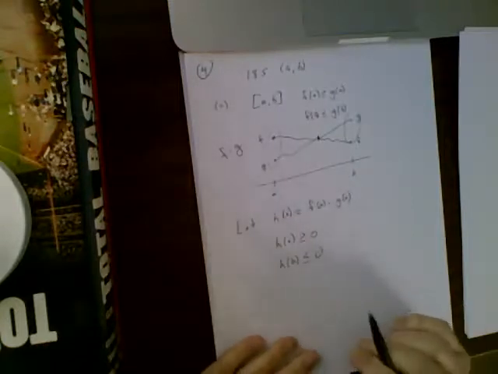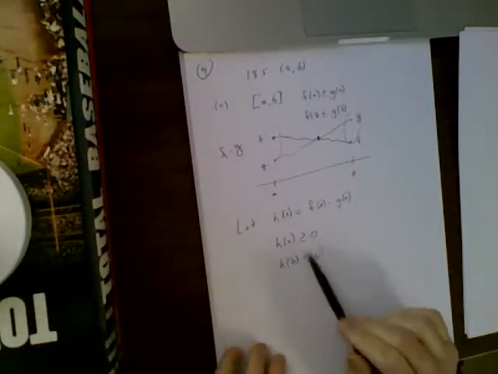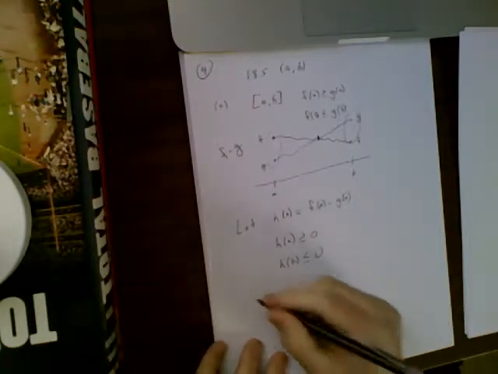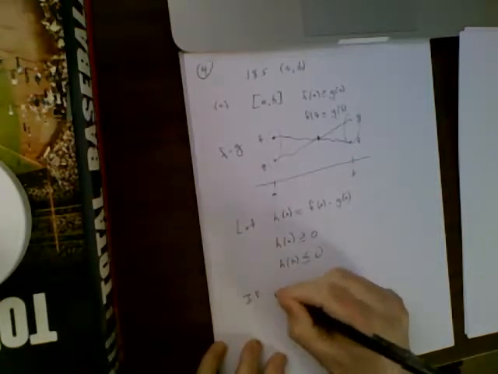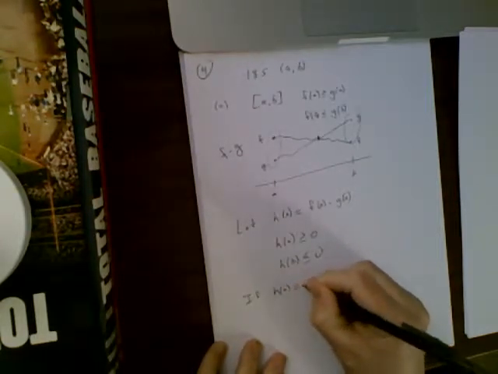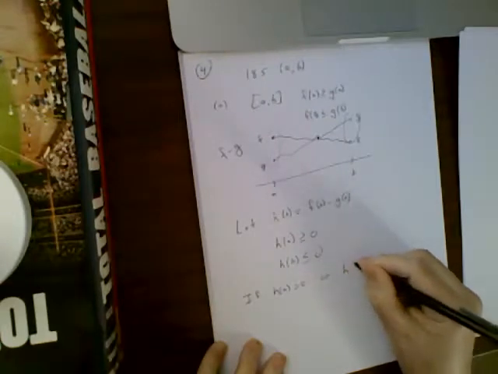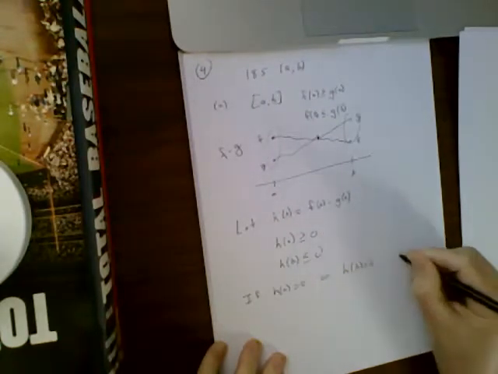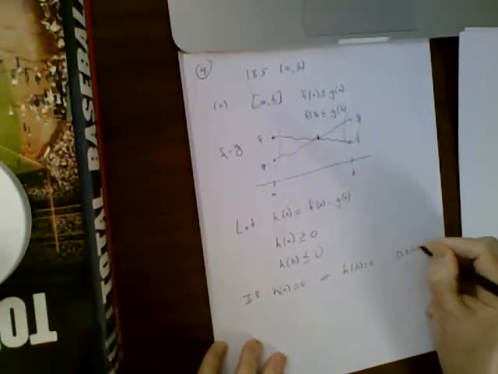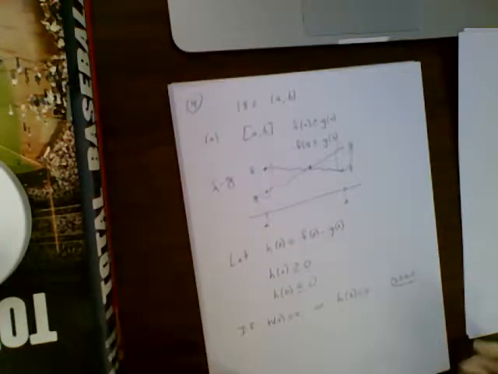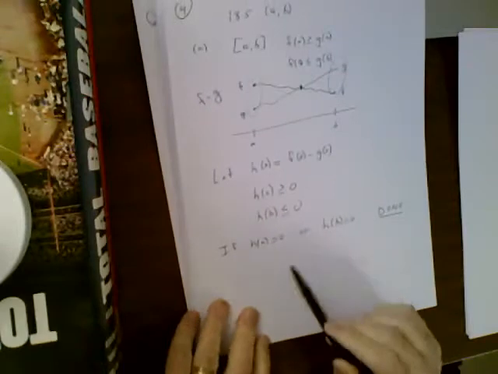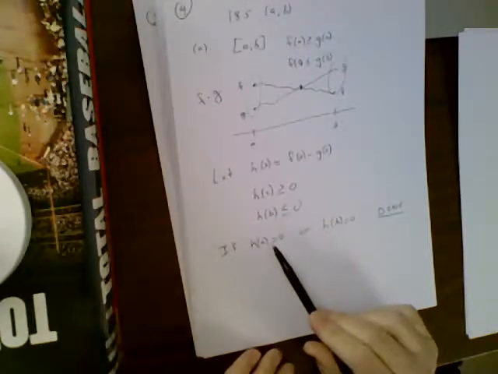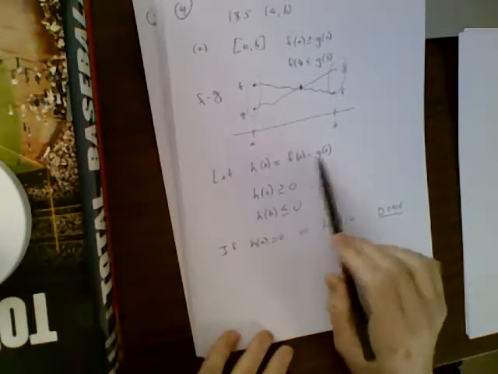So here's the situation. It's possible that you're 0 at one of the endpoints. So if h of a equals 0, or h of b equals 0, we're done. Because if h of a is equal to 0, that's a point where f and g are the same.